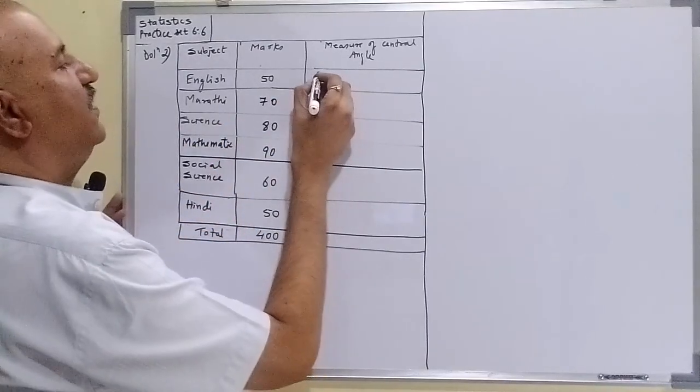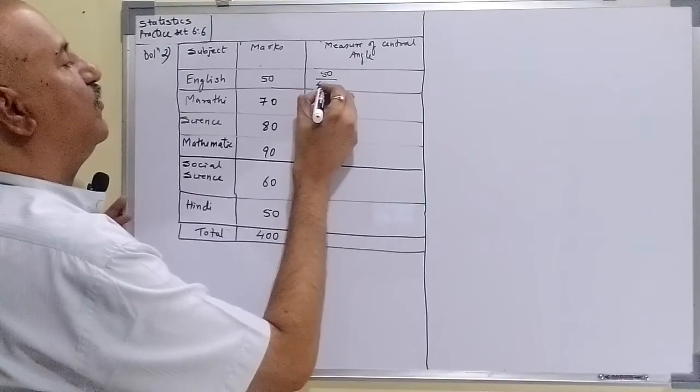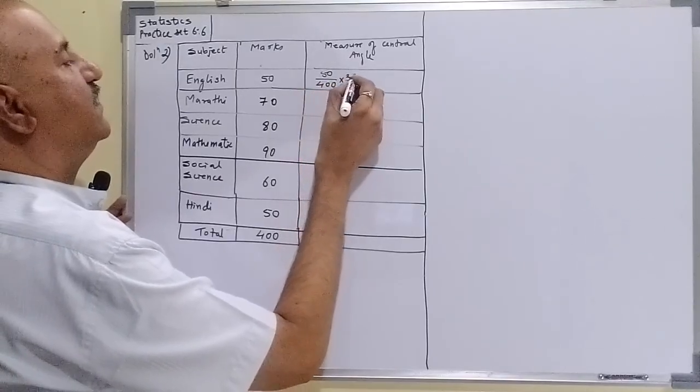The measure of central angle will be 50 upon 400 into 360 degrees.